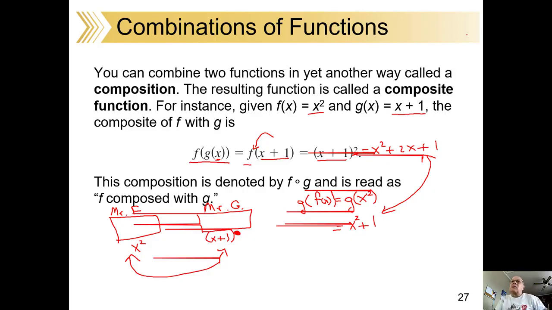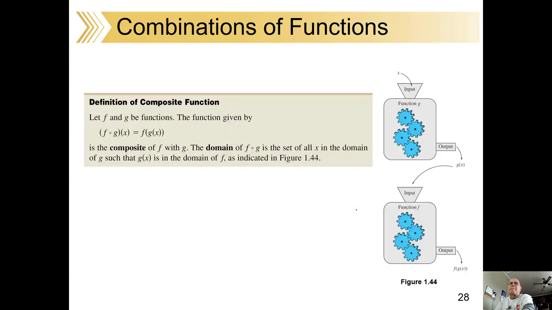This composition is represented by this small letter that looks like a degree sign between them. Keep in mind that the one closest to the x is the one that gets the x value first. Work from the inside out. Composition of functions.